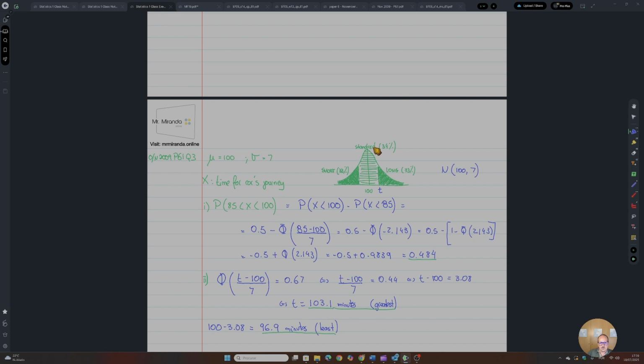Okay, so if you have 34% of chances of it being a standard journey, it means that out of these 34%, 17%, half of 34, must be to the right of the mean, and 17% must be to the left of the mean. Right?